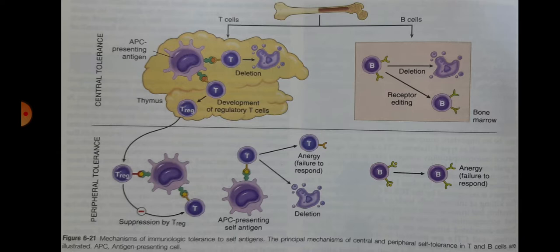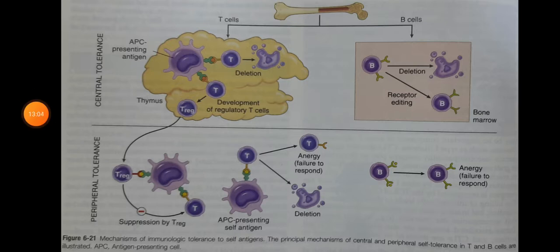Regulatory T cells also express CTLA4, which may bind to B7 molecules on APCs and reduce their ability to activate cells via CD28.